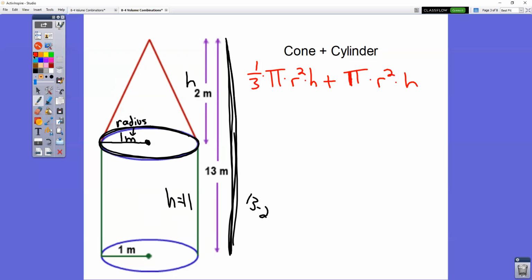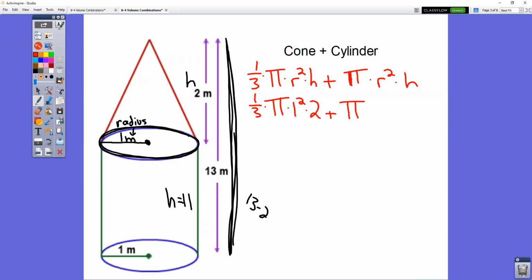So if we were rounding to the nearest tenth, 1/3 stays 1/3, pi stays pi. Our radius for our cone is 1, so times 1 squared. Our height of our cone is 2, so times 2. Now looking at our cylinder, pi stays pi.